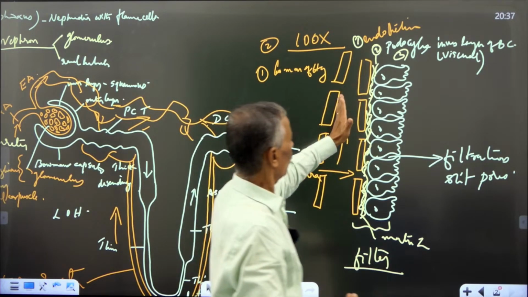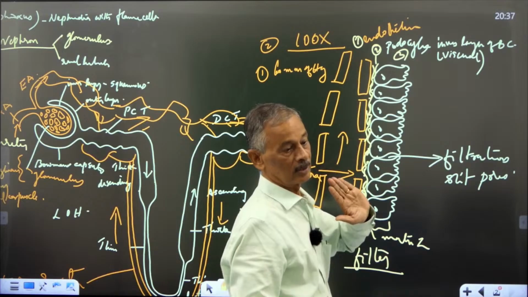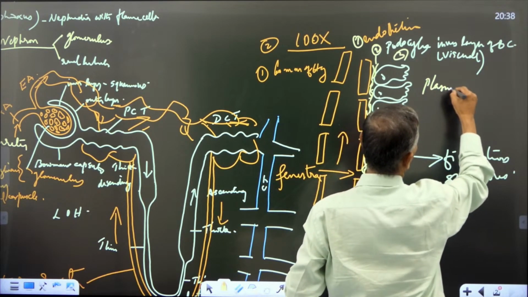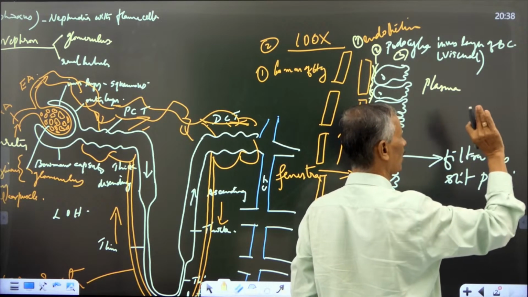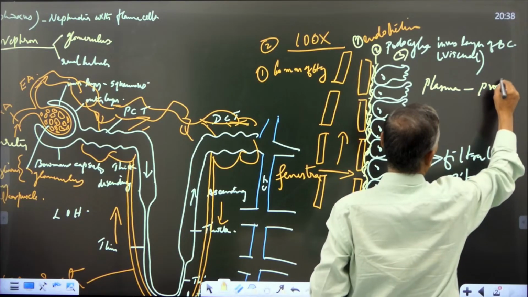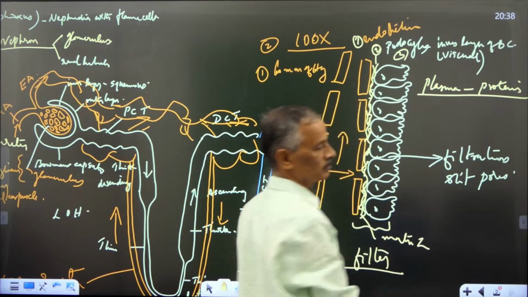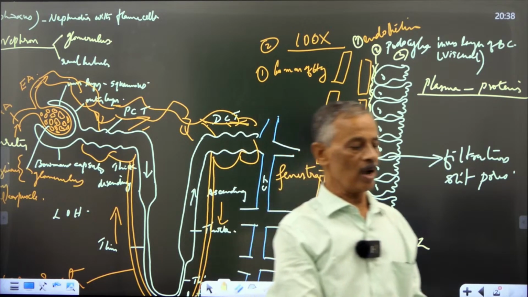As blood is flowing, the liquid part of the plasma, that is plasma minus proteins. No blood vessels. Blood vessels are larger, so they will never come. Only the liquid part, that is called plasma, minus proteins will come out. So almost everything of the plasma is filtered.